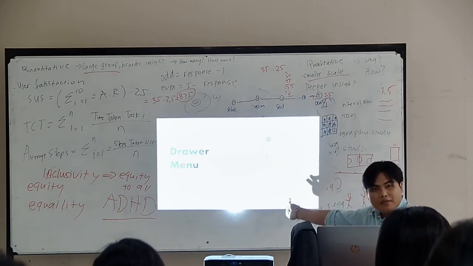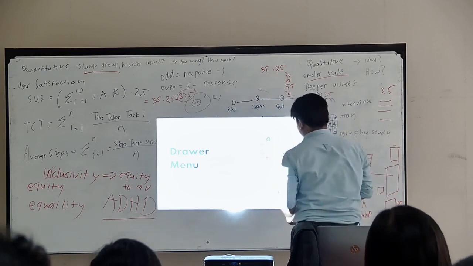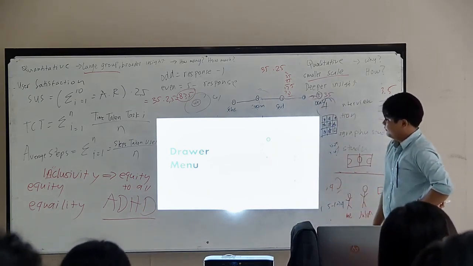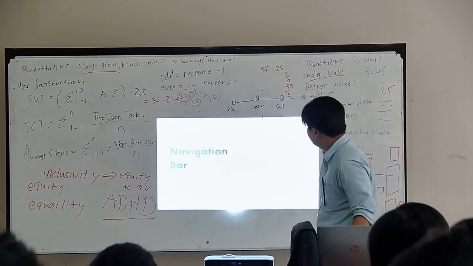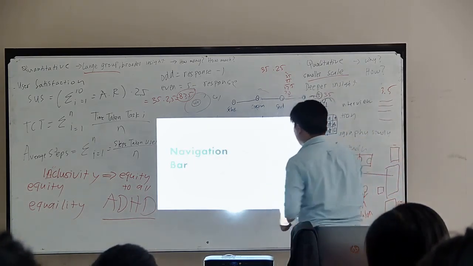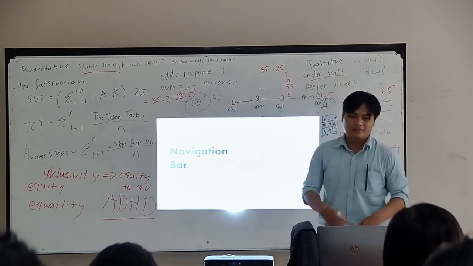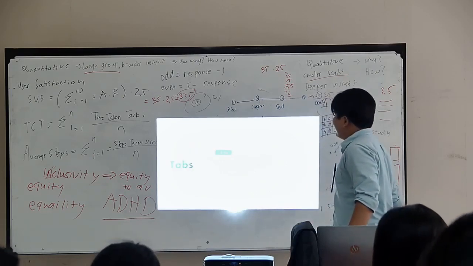This is drawer menu. Drawer menu is usually on the website. Okay. And this is navigation bar. Back, close. And this is tabs.